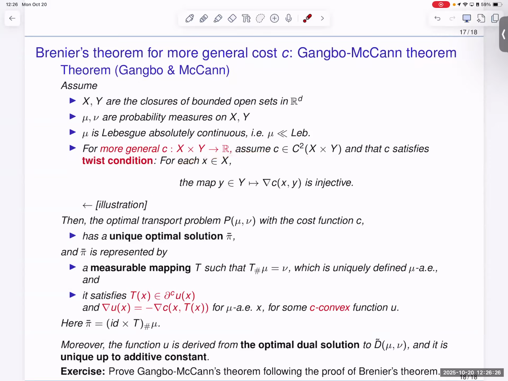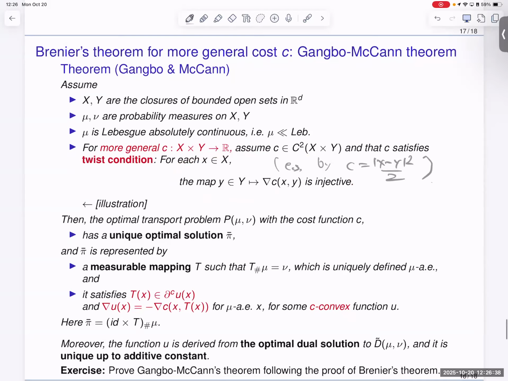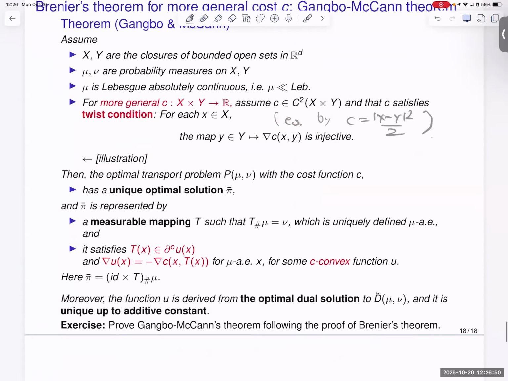This condition is satisfied by the distance squared cost function. The feature is that the relation between this gradient vector and the point y is one-to-one.